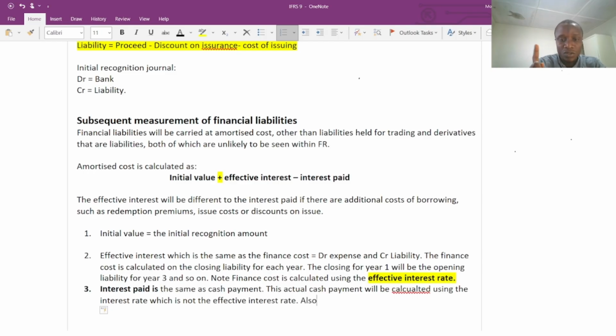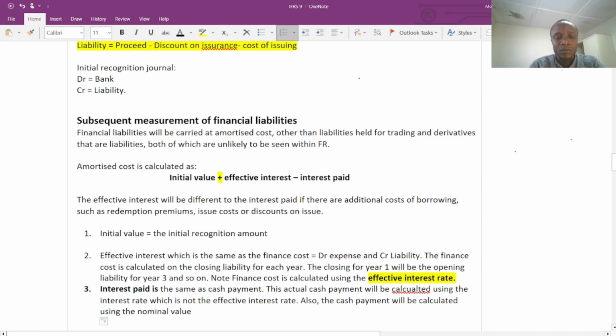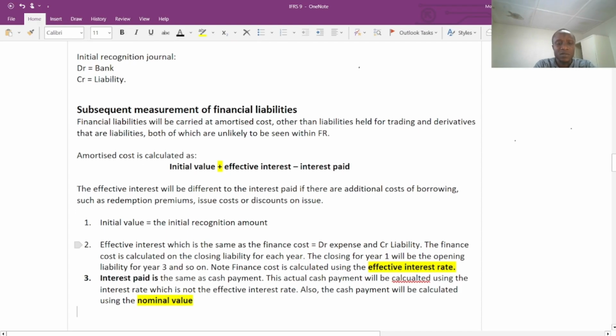Also, key concept to know, the cash payment will be calculated using the nominal value. Using what? The nominal value. This is what we are going to use to calculate our interest paid. So basically, this is the concept that you need to know. You need to take note of these three points because they are very important.